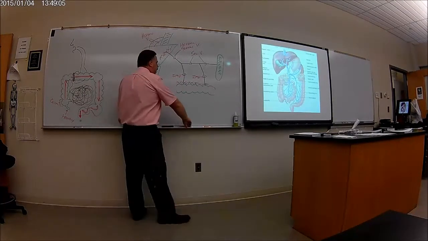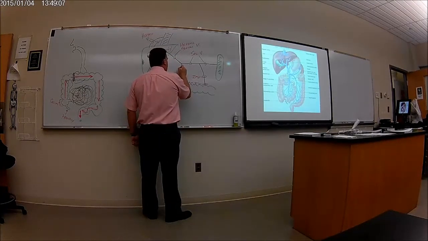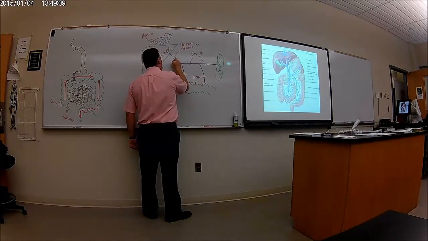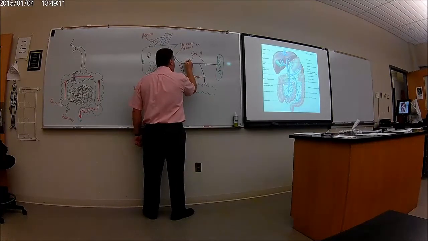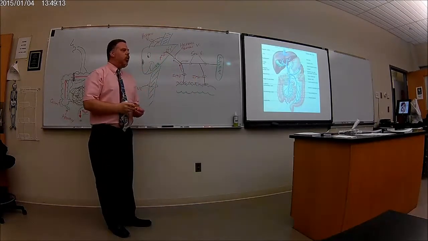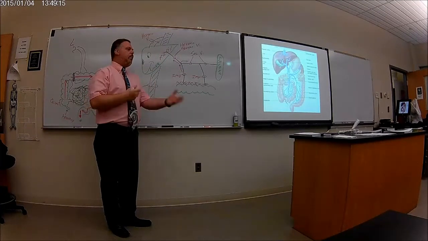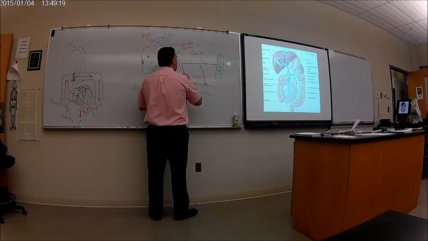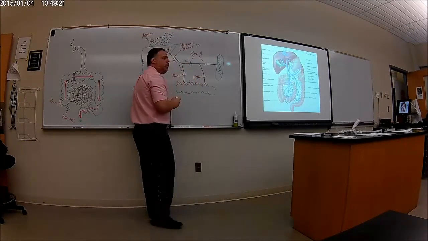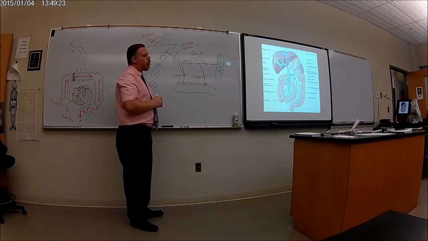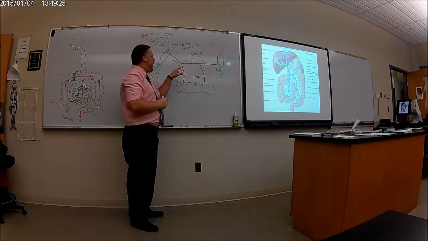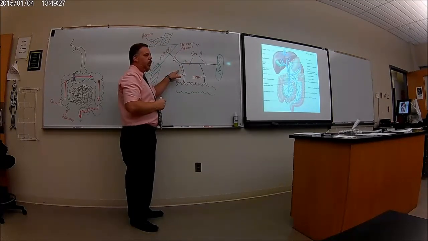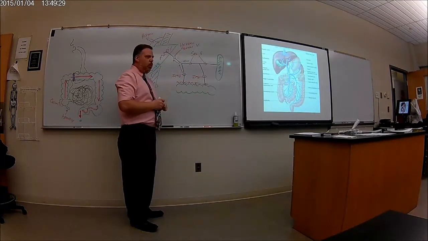Blood goes this way to this way. It doesn't go this way. You don't go driving on Route 80 in the opposite direction. Blood is already going this way. So the splenic vein and the superior mesenteric vein converge and make the hepatic portal vein.